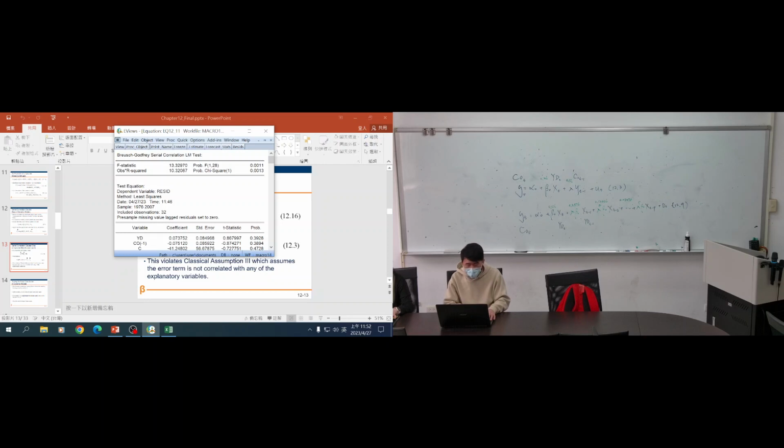So if the sample size is small, still use OLS, even in the face of serial correlation in a dynamic model.